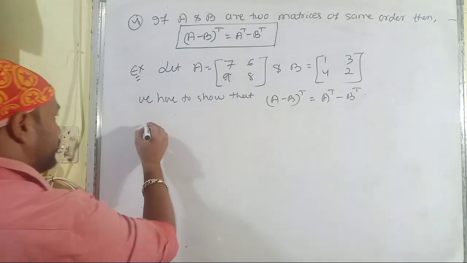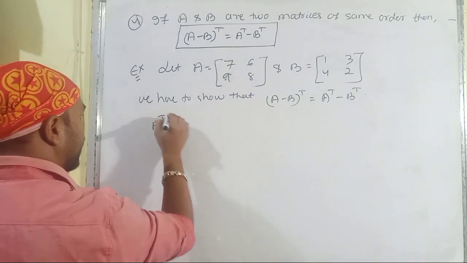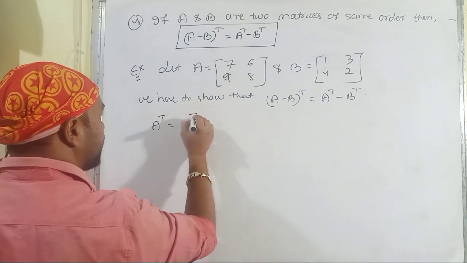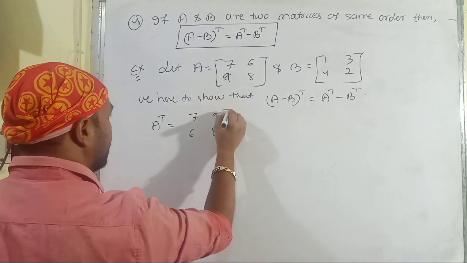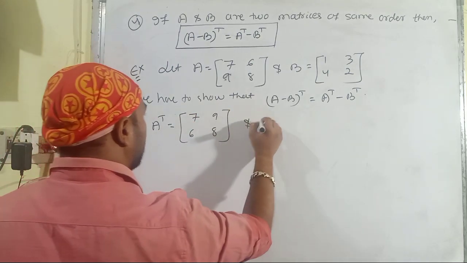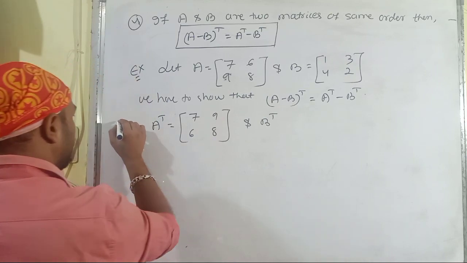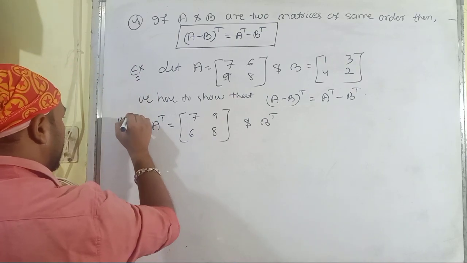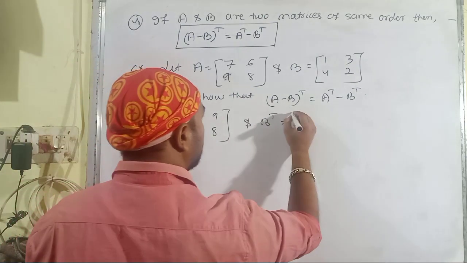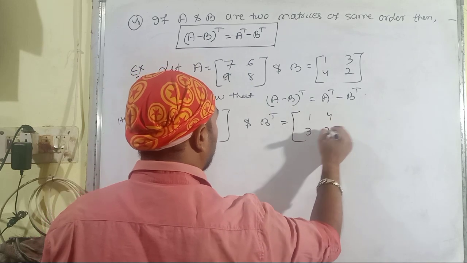So first of all, let us find out the transpose of A. It is 7, 6, 9, 8. And B transpose is equal to 1, 3, 4, 2.